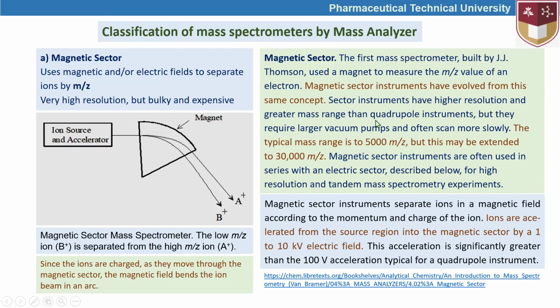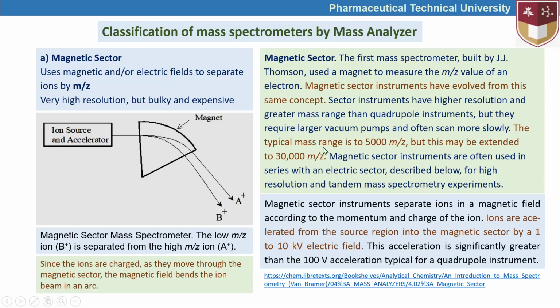So by the mass range, we say that magnetic sector can be kind of advantageous compared to quadrupole, but it requires larger vacuum pumps. And by this, we say it can be a kind of problematic. It might cause some extra issues. And on the other hand, it scans more slowly.